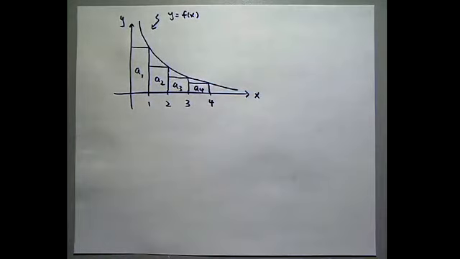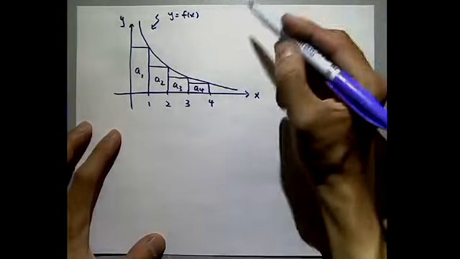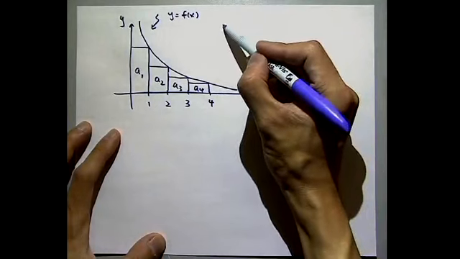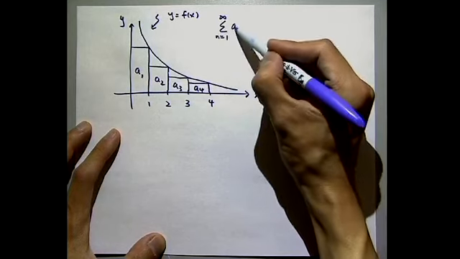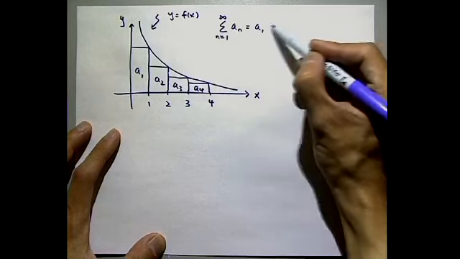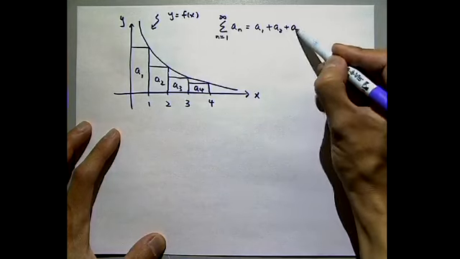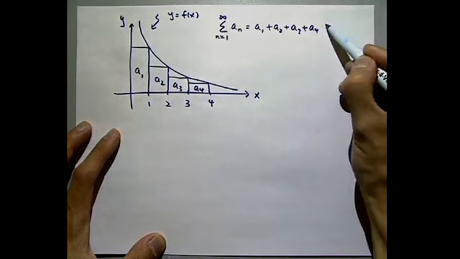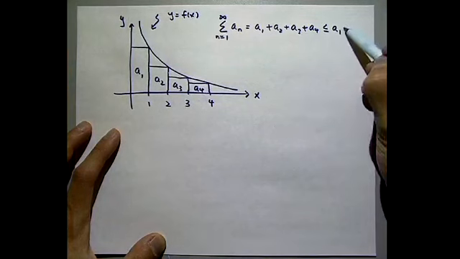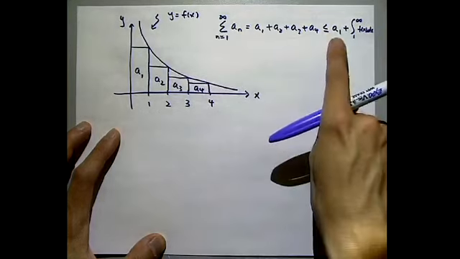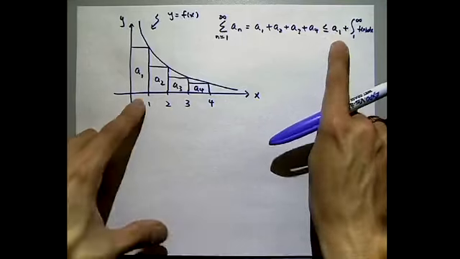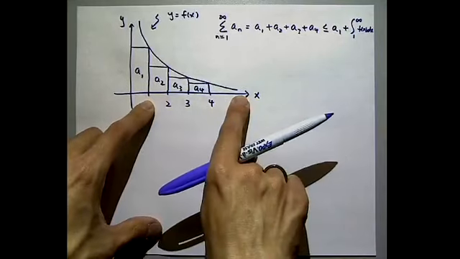So that's one way to look at it. Right? So we're saying that the series here is less than or equal to the first one plus the integral under the curve.